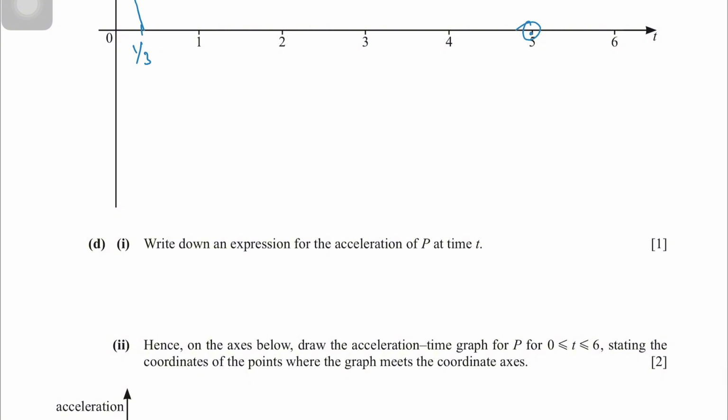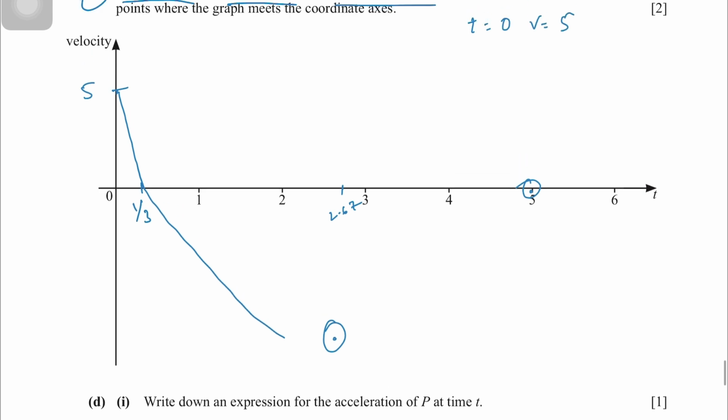So this would be 2.66 something. So we can assume this as here. This would be 2.67 over here. And let's just assume it like this, and then we can just make it like this. This goes up. So this is our velocity time graph roughly, right?